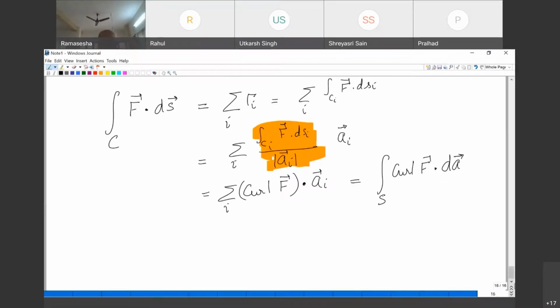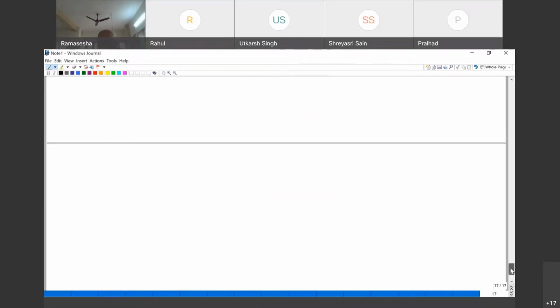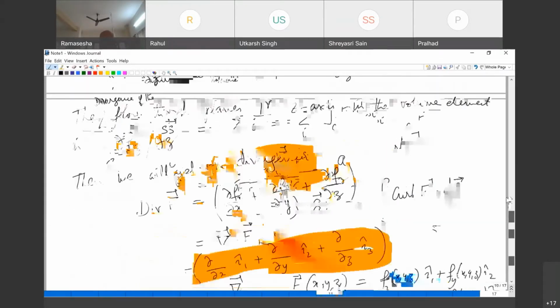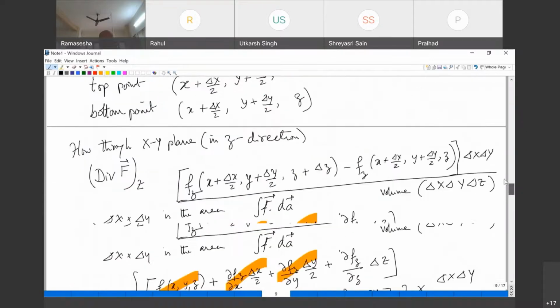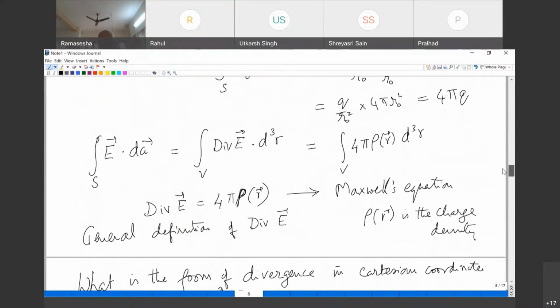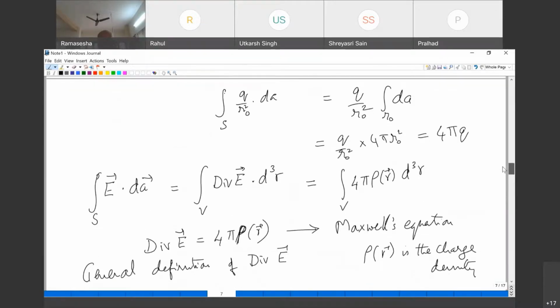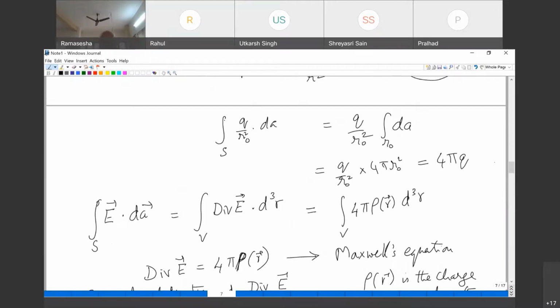So what is this thing called? See, when I did the Gauss's theorem, I converted a surface integral into a volume integral, right? You remember the Gauss's theorem? See, this is the Gauss's theorem, right?